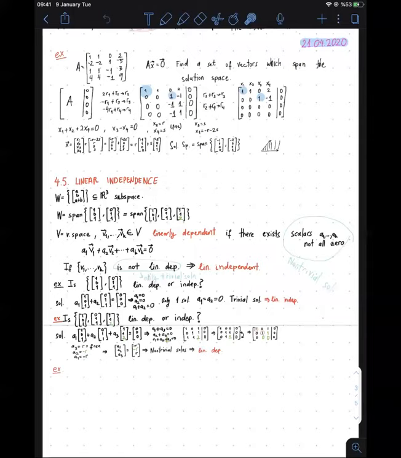For example, if three vectors are linearly dependent, then if I throw one of them away, I still get the same span. The k vectors are either linearly dependent or linearly independent; there are only two cases. We did some examples, so we will continue with our examples this week.